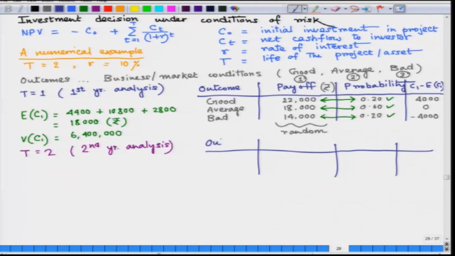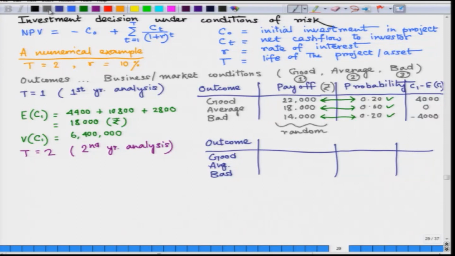So, again outcome, 3 possible states of the world: good, average and bad.